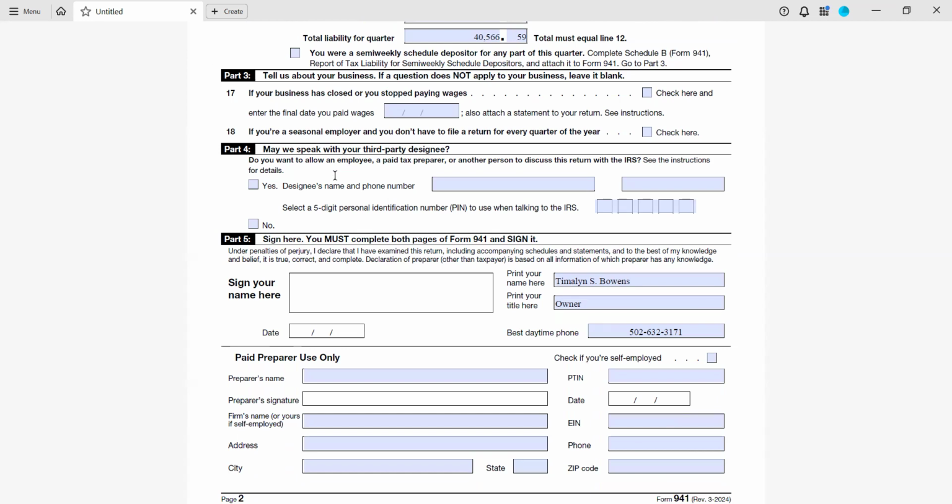Now, you will also notice that here in 2024 the COVID-19 relief credits are no longer available, which they shouldn't be, right? Because we're a little bit past that now. So if the business closed or you stop paying any wages to employees, then you would check this box here and enter the final date that wages were paid.